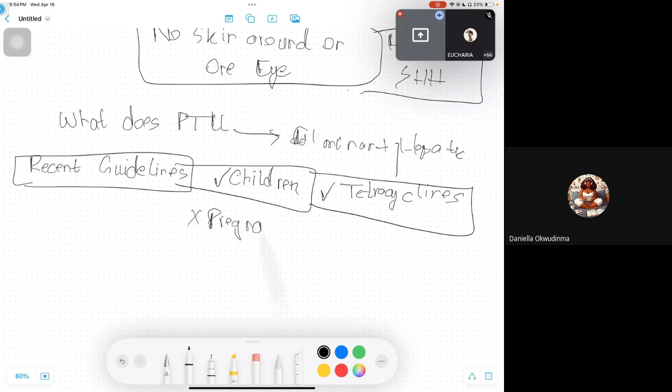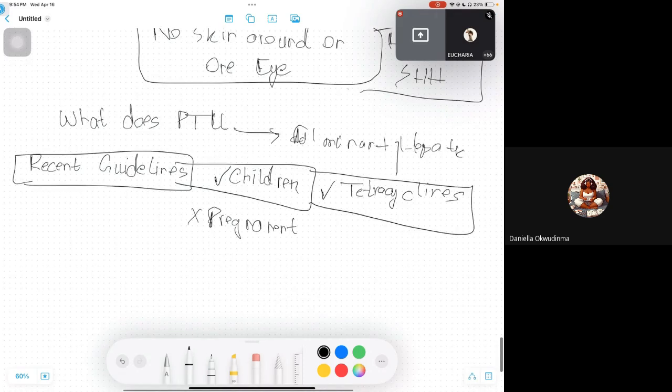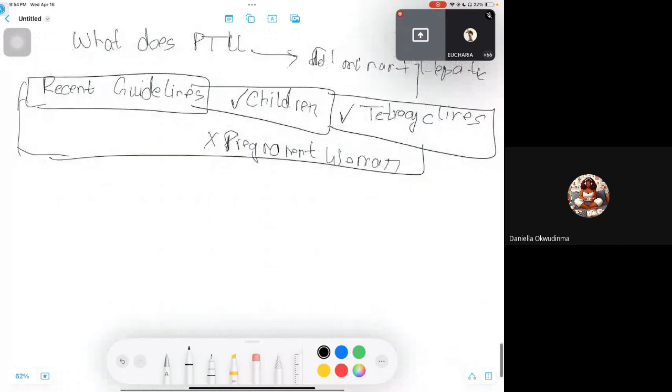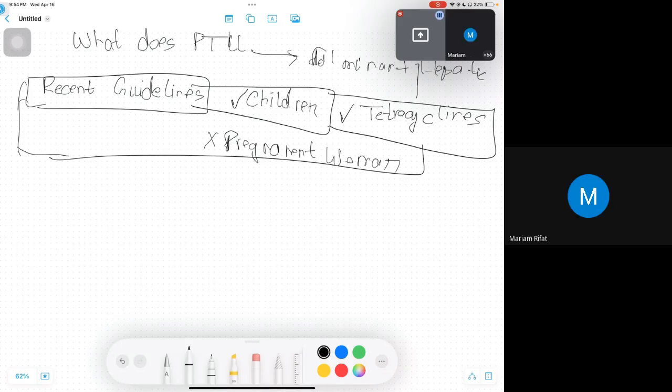Okay. What disease do we give tetracyclines for, especially in pregnant women? Let me give you another vignette.